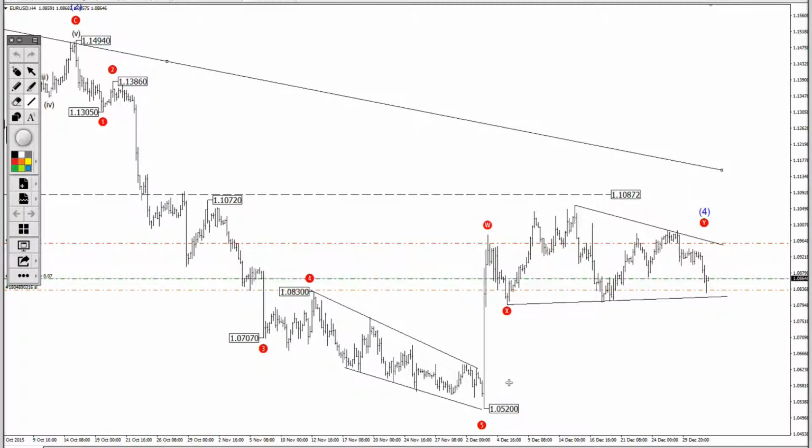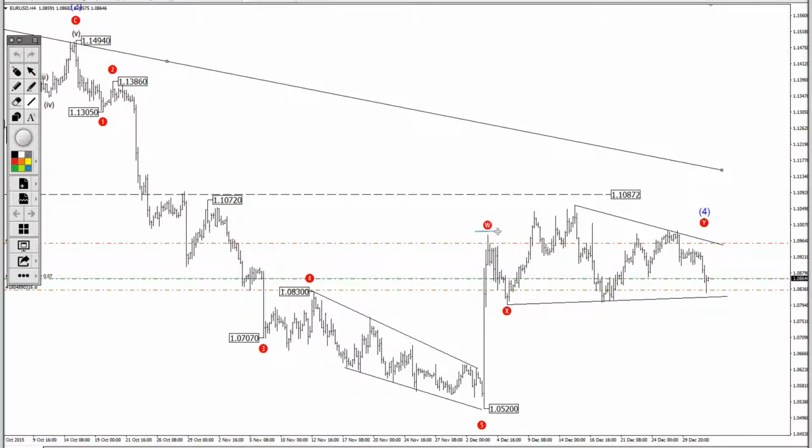So we had a quite expected pattern. We had an ending diagonal triangle and then this very steep, very sharp upwards move, 465 pips if I remember correctly. That was the start of this corrective form.